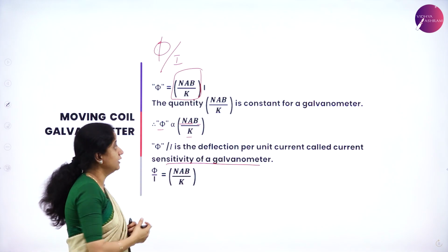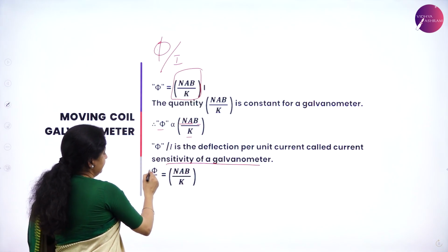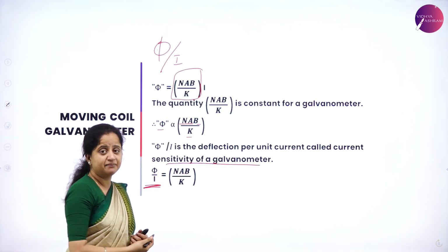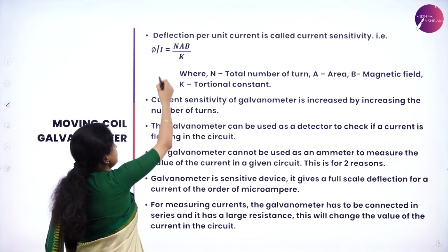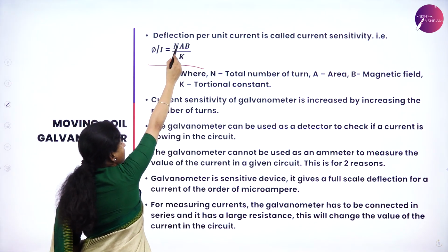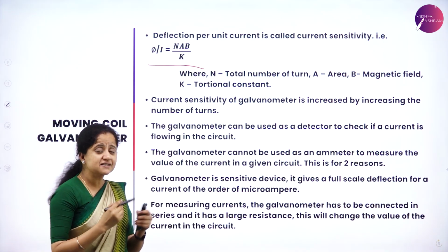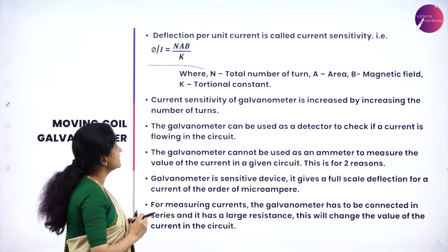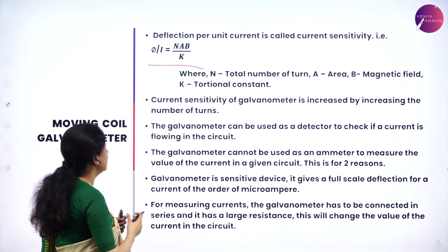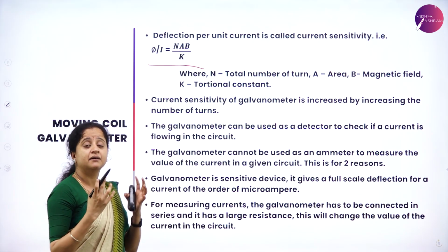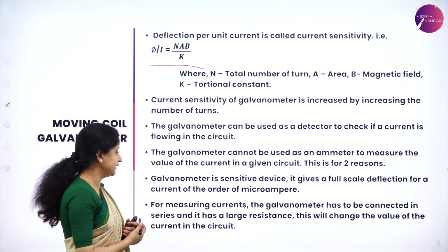So the current sensitivity phi by I is equal to NAB divided by K, which clearly says the current sensitivity increases by increasing the number of turns, by increasing the area, and by increasing the intensity of the magnetic field.